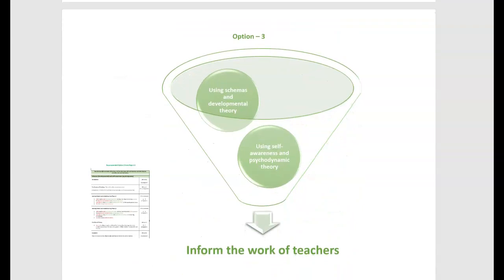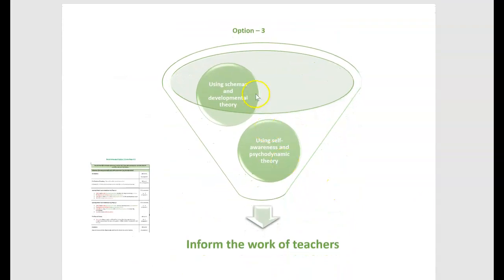And our last option is schemas as the learning mode with developmental theory, and self-awareness that aligns with psychodynamic theory, and how these together inform the work of teachers. And again, if you would like to use an example essay plan, then it would be green.